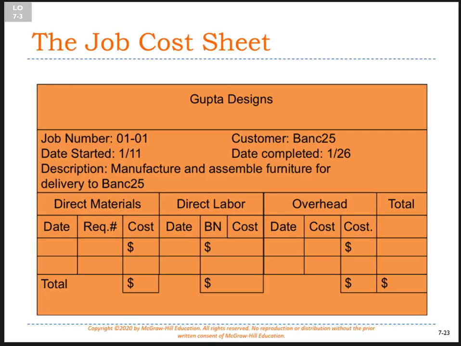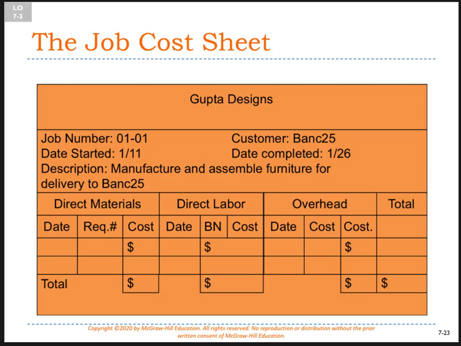It'll be all electronic, but it would have the job, would have maybe the customer. You'd have a date started, especially if you've got stages, you may even have a schedule of which stage is being done for each week or things like that. Okay, you've got when did they ask for materials and how much.